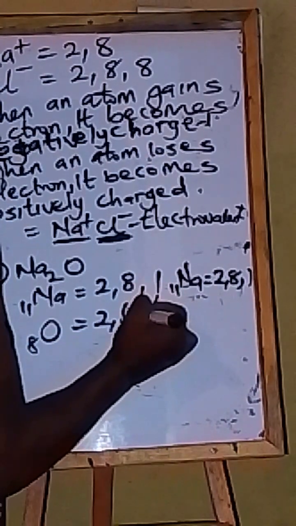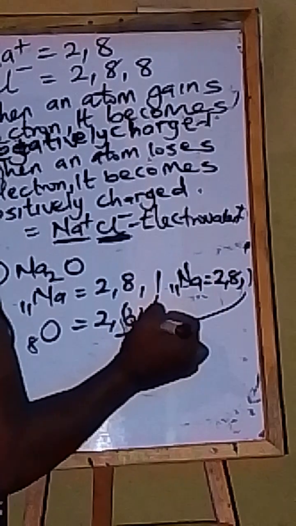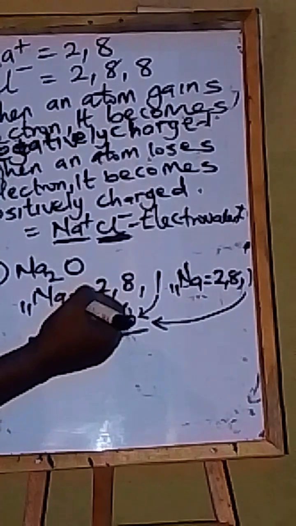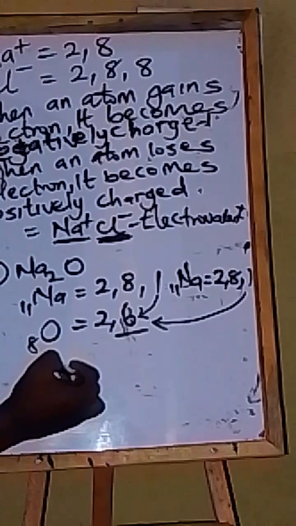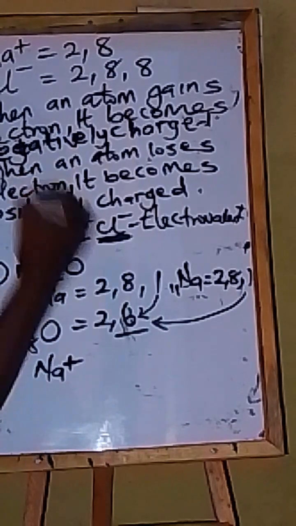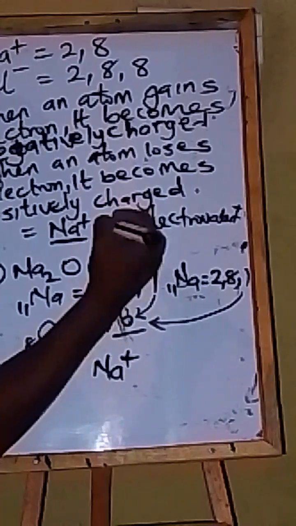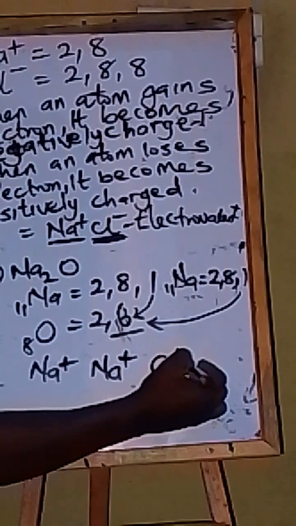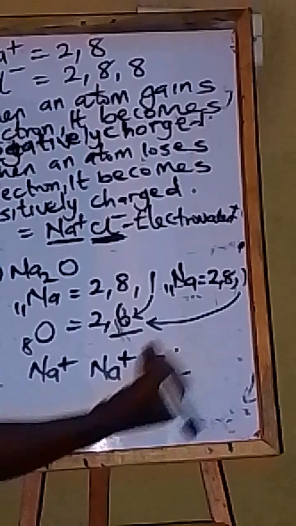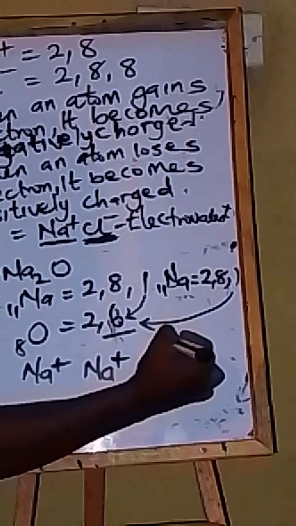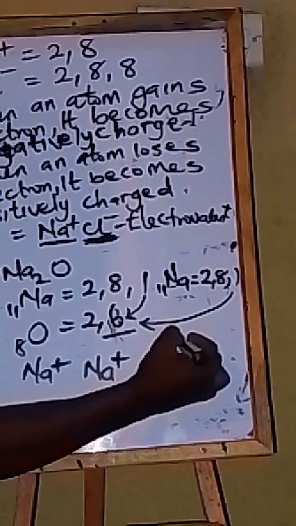They have to do what? Give. So this sodium is going to lose an electron. The other sodium also is going to lose an electron. While this O is going to gain, each electron, making 2.